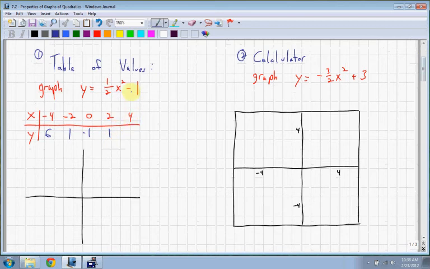And you can kind of guess what the one for 4 is going to be, 16, 8. Oh wait a second, what did I do? I did the first one wrong. Nobody told me. So 16 divided by 2 is 8, minus 1 is 7, not 6. And this one's going to be 7 as well. 4 squared is 16, divided by 2 is 8, minus 1 is 7.